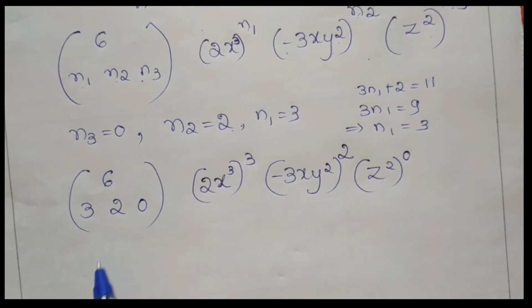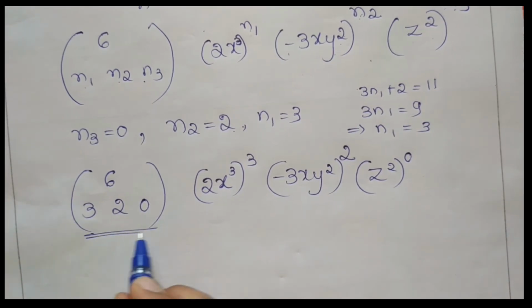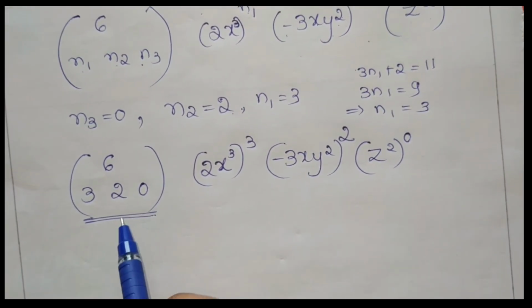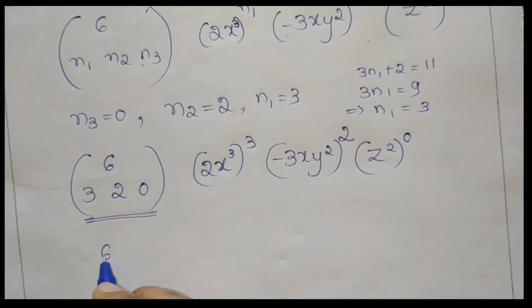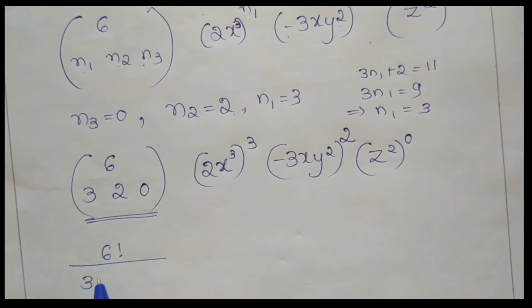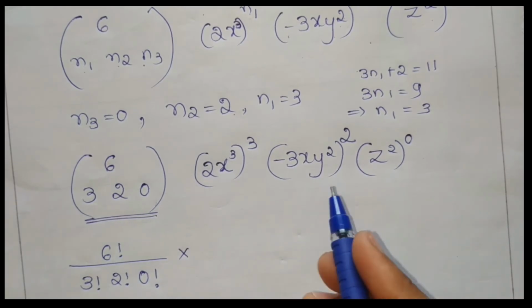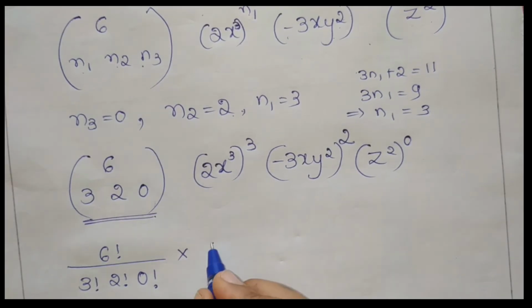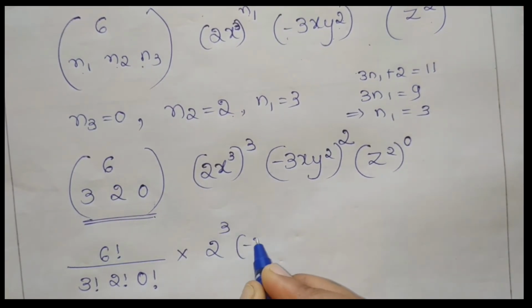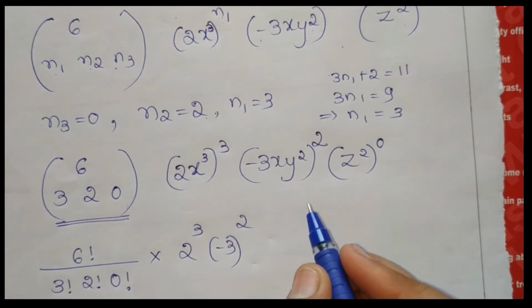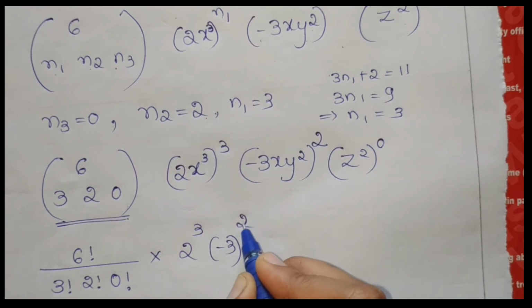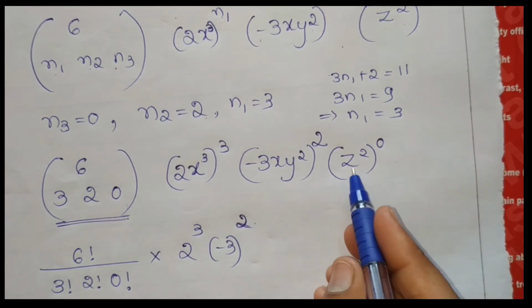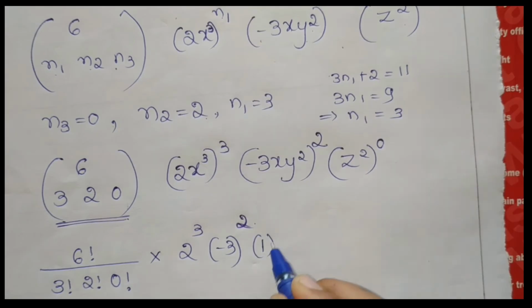So this is equal to, how to evaluate this? 6 factorial divided by 3 factorial, 2 factorial into 0 factorial. Take the constant terms on one side and the variables on the other side. It is 2 cube, minus 3 raised to 2, and this is 1 raised to 0.